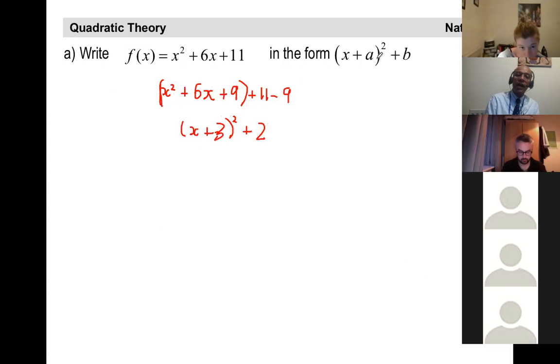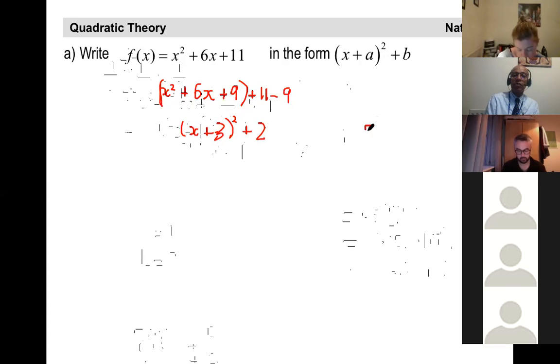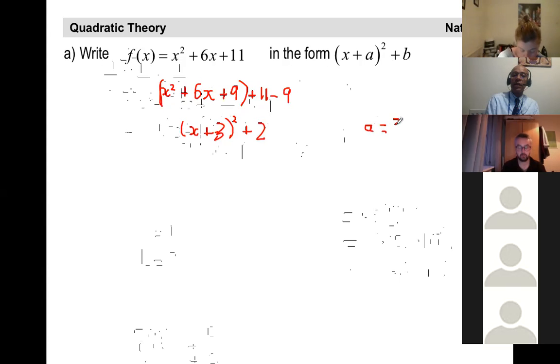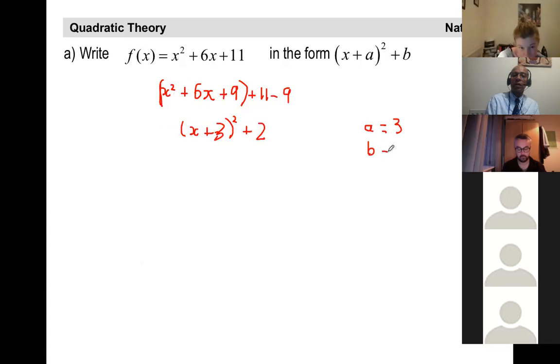Now, I'm looking at a equals 3. I'm looking at b, and b is just 2. And that's how you would answer this question. 2 marks.